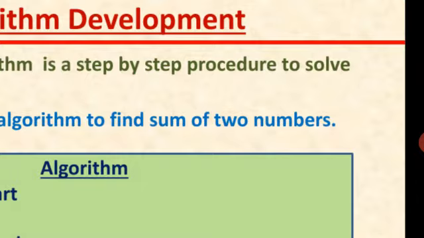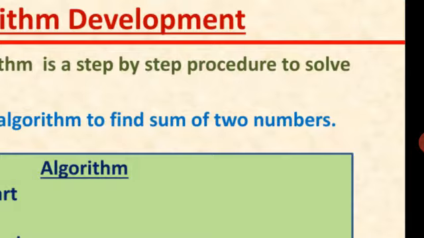So once the problem is given to us, first we have to think what is the problem. We have to define that problem. Then we have to think about what our required input is. Once we understand the requirement, then we will solve that problem, and finally we say we obtained the final result.